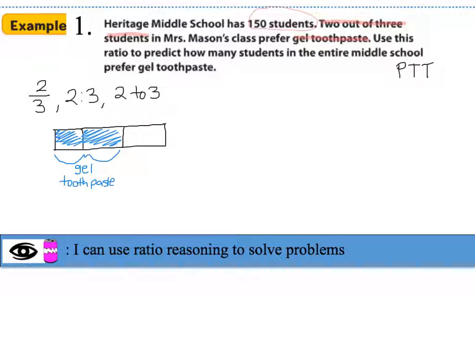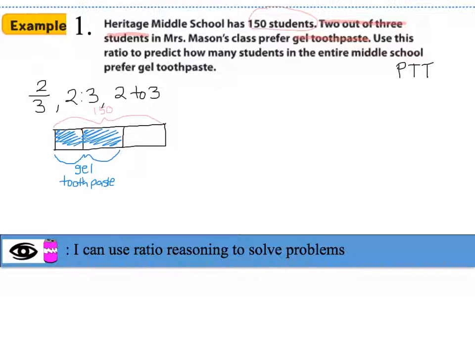So if I look at my tape diagram, I know that I have a total amount of 3 boxes. If I group all of this, I can call all of that 150 students, because that's the total amount of students. And the 3 boxes represent the total amount of students.